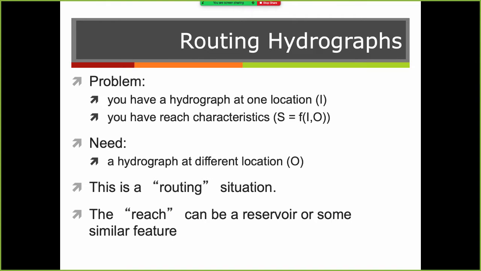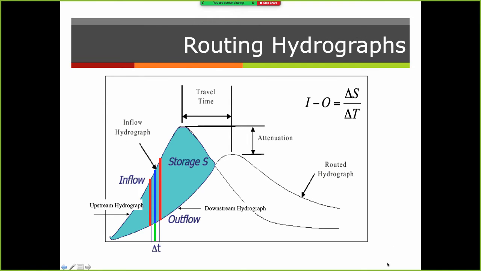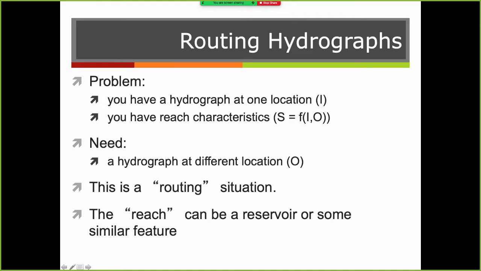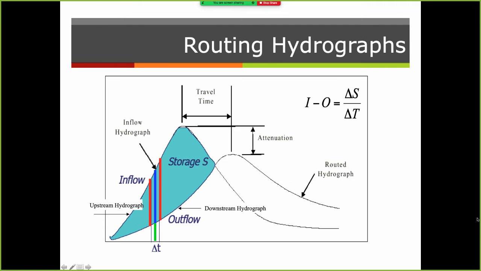So the routing problem is you have a hydrograph at one location, the input, and you have some knowledge of the reach characteristics or the storage characteristics for the routing element, and it's a function of inflow, outflow, and there's going to be geometry terms. And you need the hydrograph at the outflow. That is a routing situation, and the reach can be a reservoir or a similar feature.